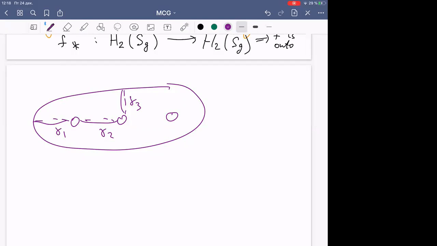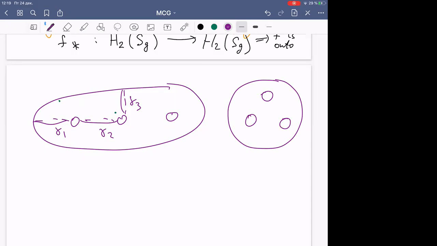Actually, this is just the question of their homotopy classes. If they bound a pair of pants, it is better to draw it like that.